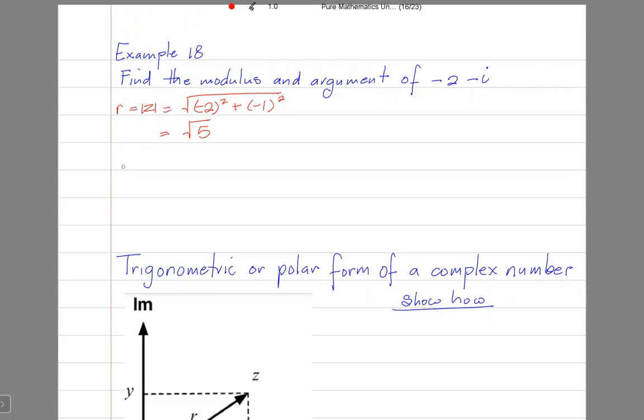Now the argument of z, theta, is equal to minus pi plus tan inverse of -2 divided by -1. All right.